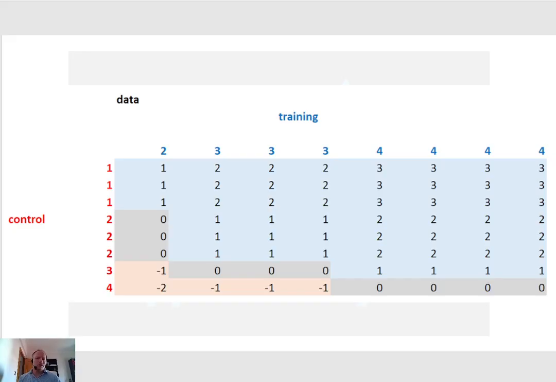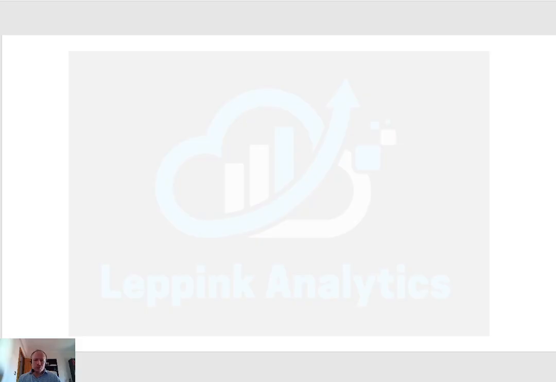So there are only 5 comparisons in favor of the control group, 10 indicate a draw or tie, and the other 49 comparisons are in favor of the training group. Now, let's convert these frequencies into probabilities.